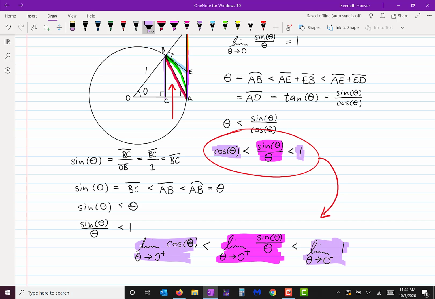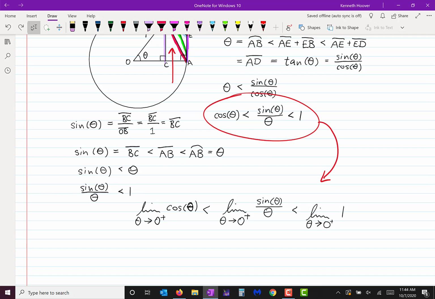And if those two lavender limits equal each other, then the purple limit in the middle has to equal that same thing. Okay? So let's look at the two limits on the outside. Okay, this one over here should be obvious to you that that's 1. The limit of 1 is 1.